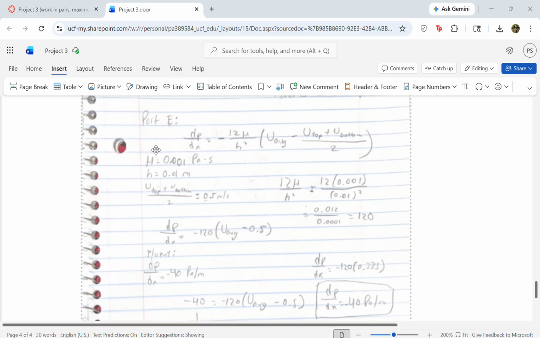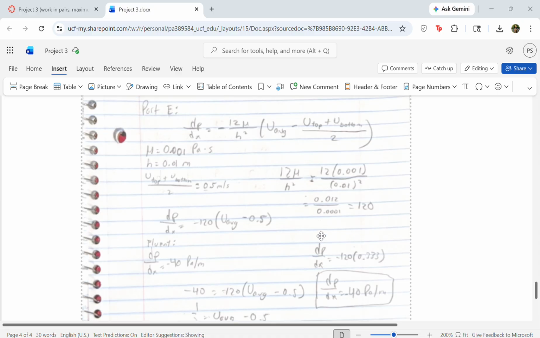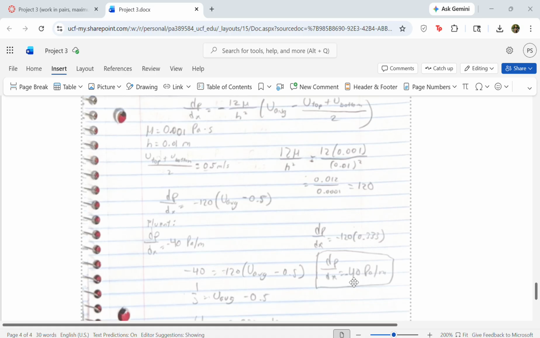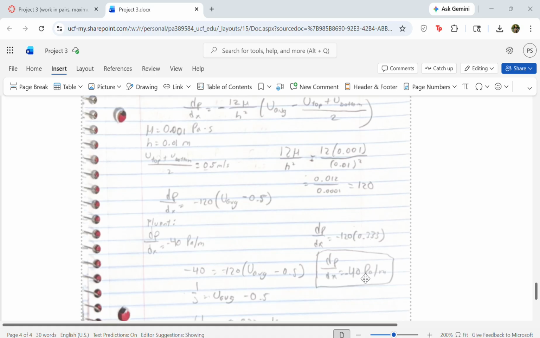When I simplify the constants, the equation becomes negative 120 times the quantity of average velocity minus 0.5. So with the final substitution, I got negative 120 times 0.833 minus 0.5, which is 0.333 right here. And that gave me the answer of negative 40 pascals per meter.